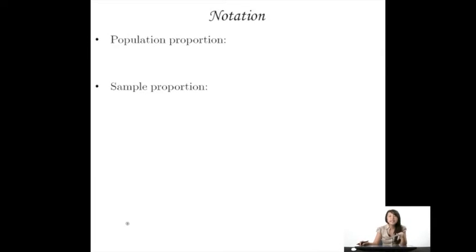All right, so some things that are helpful for us to get straight. So when we talk about the population proportion, that parameter, we'll just call it P, lowercase p. But when we talk about a sample proportion, we're going to call it p hat, right? And we've seen that notation before when we talked about regression, when we had y for the actual data, but we had y hat for the predicted data.